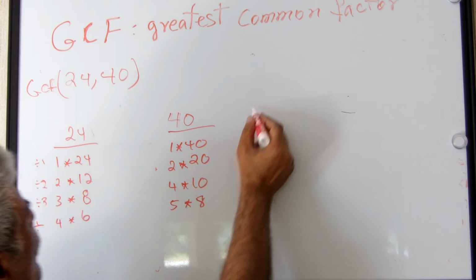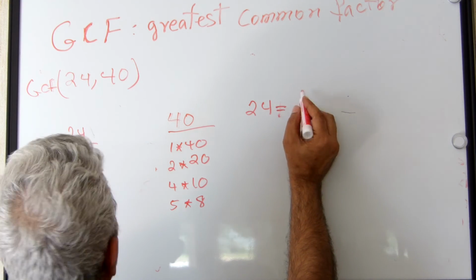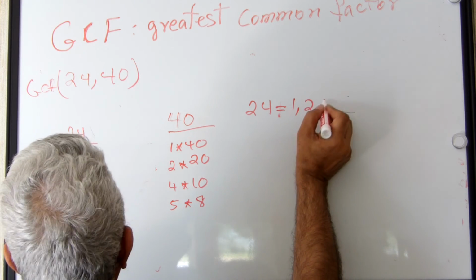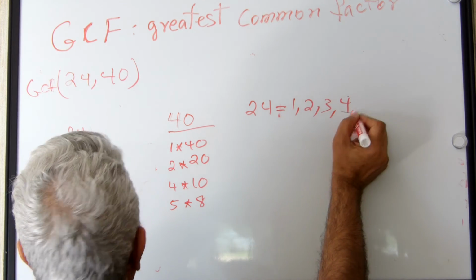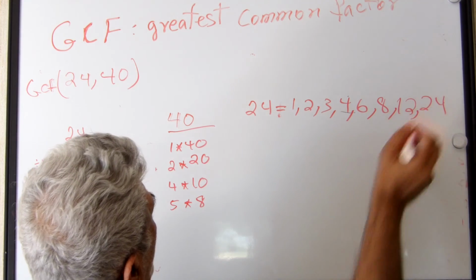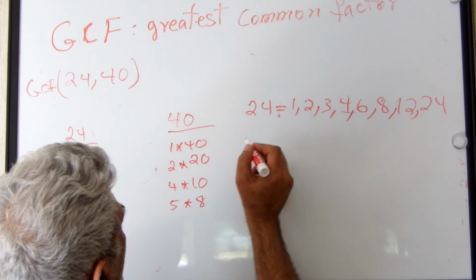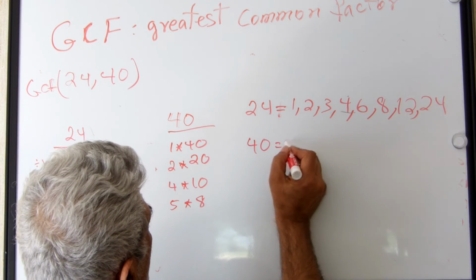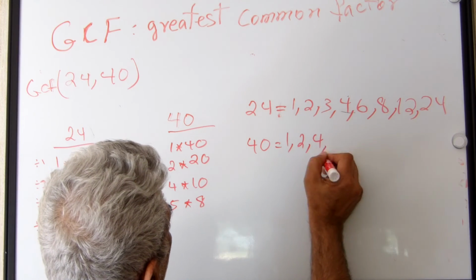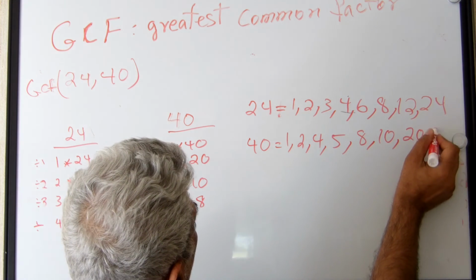So the factors for 24 are 1, 2, 3, 4, 6, 8, 12, 24. And the factors for 40 are 1, 2, 4, 5, 8, 10, 20, 40.